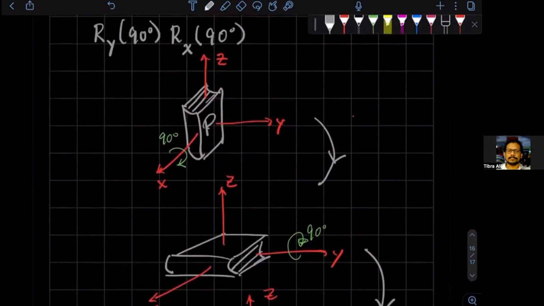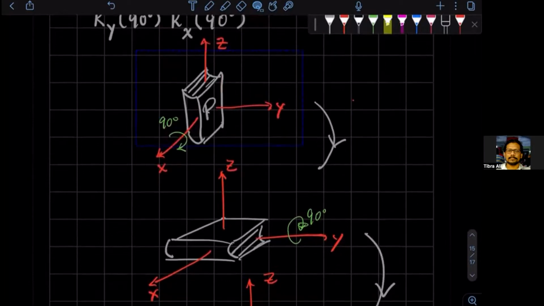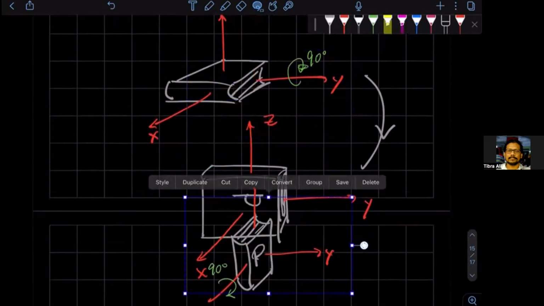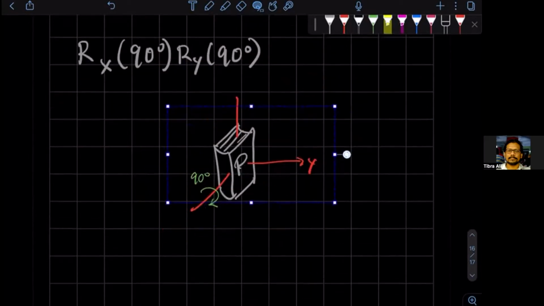So if I start with the same configuration as before, now we are rotating in this direction around the y-axis by 90 degrees.